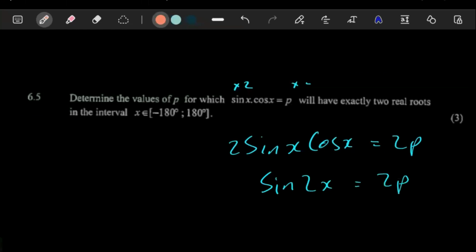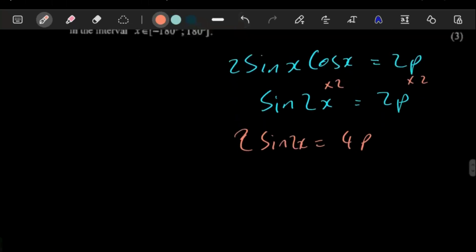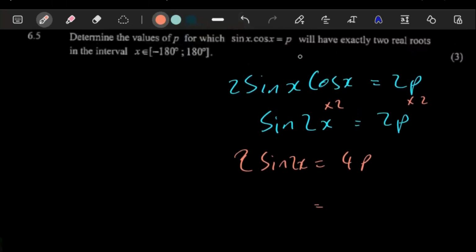And then for you to end up with the equation of sine, you have to multiply by 2 on this side again. And then on this side, you also have to multiply by 2 again, which is going to be 4p. And then this is like 2 sine 2x. Determine the values of p for which this will have exactly 2 real roots.